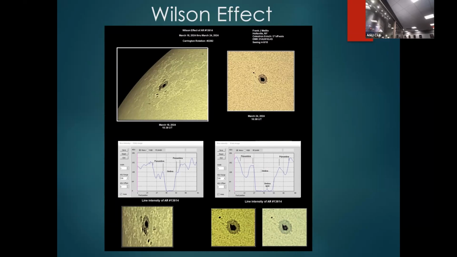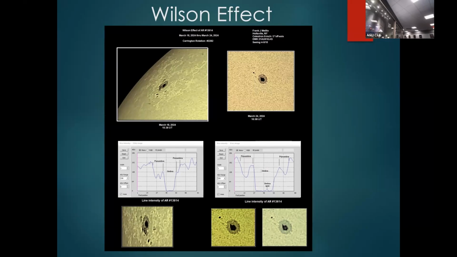You can see the penumbra is a little bit out here and a little bit in here. So you can see that the umbra, which is the darker spot of the sunspot, is a little bit lower than the surrounding area. So it has depth, I want to say.